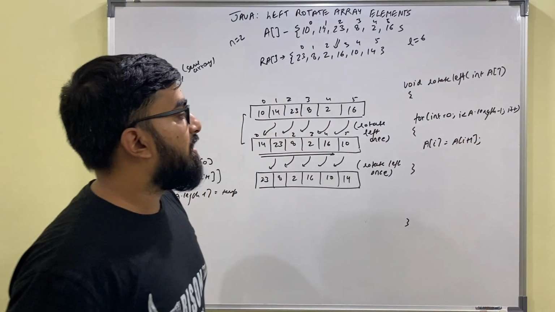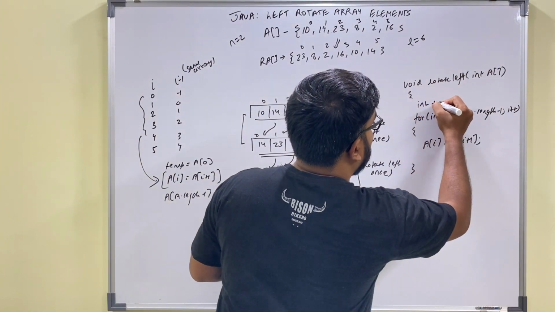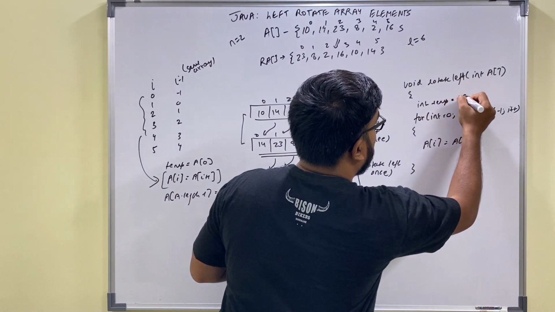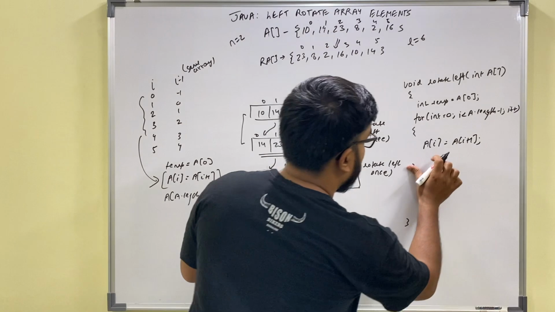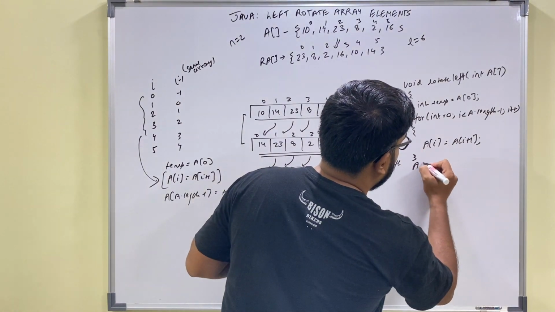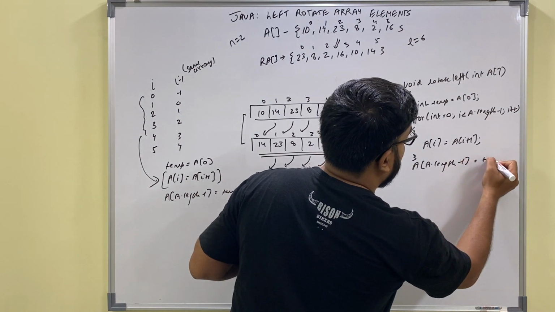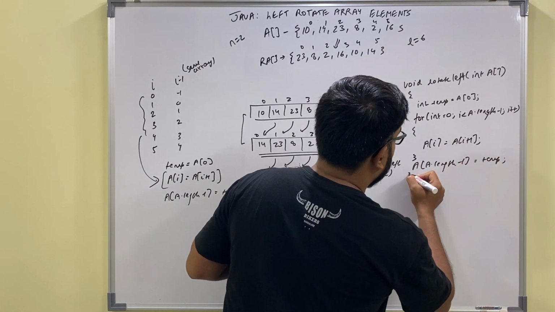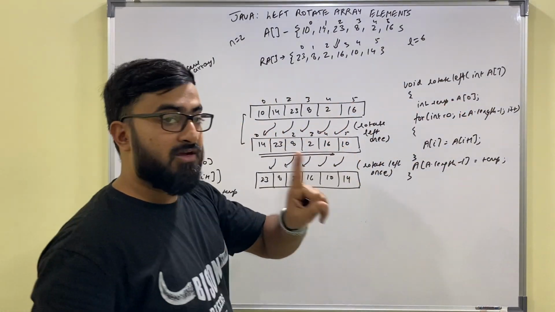And we need to save the value at the first index. So we say int temp is a of 0. And finally, after this closes, a of a dot length minus 1 is temp. And this is going to rotate your array in place left once.